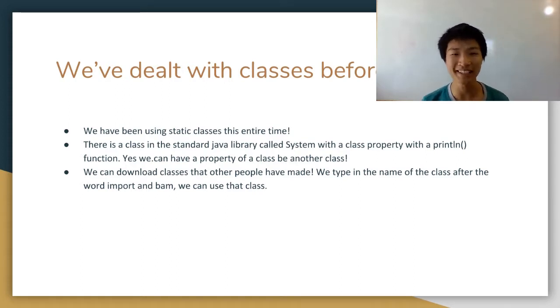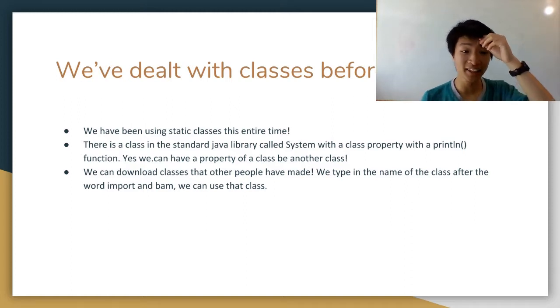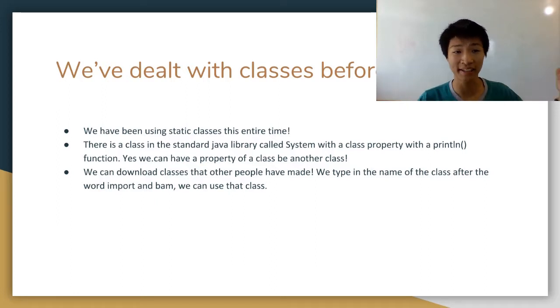If every time I write system.out.println, what does that mean? There's actually a class in the standard Java library. Again, what is the standard Java library? When you downloaded the Java Development Kit, which allows us to make Java code, the standard Java library is all the functions that it gives you already, the functions that you don't have to download.